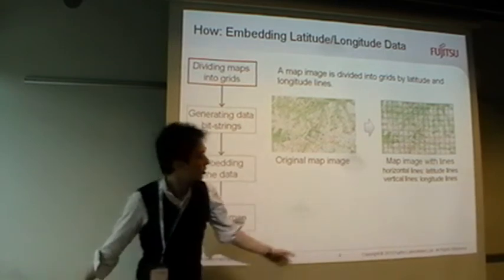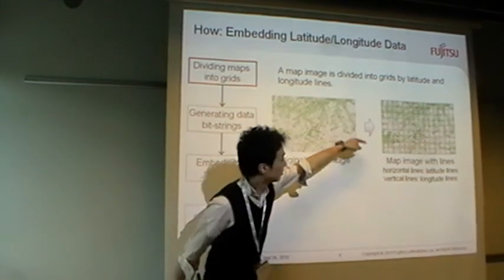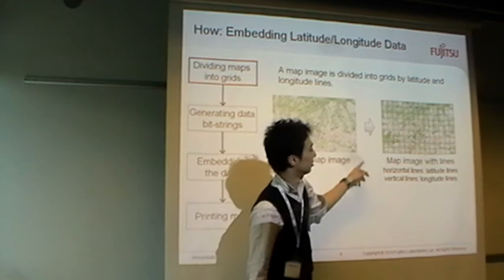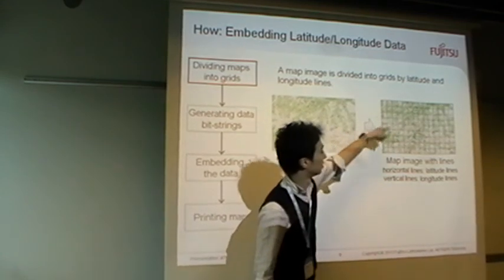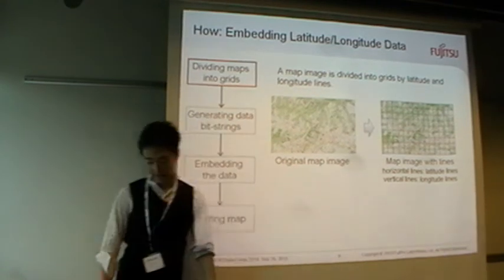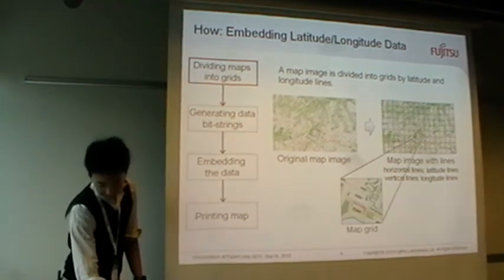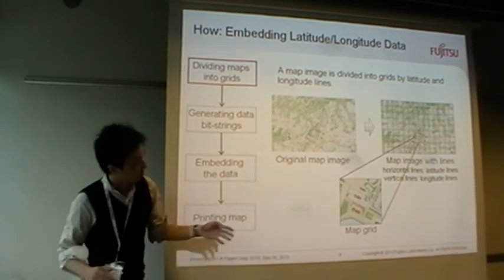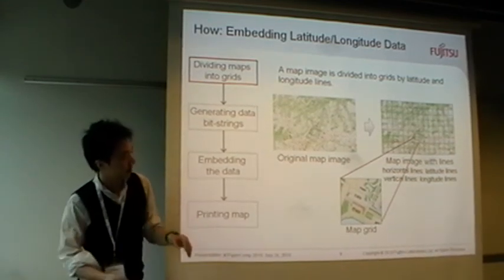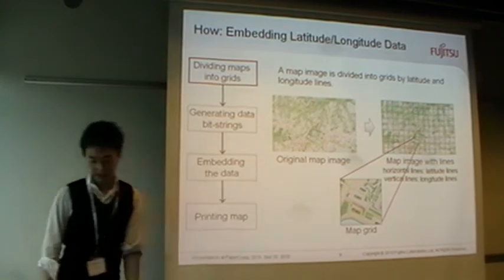So the horizontal black lines show latitude lines, and the vertical lines show the longitude lines. We call the grid surrounded by the latitude and longitude lines a map grid.